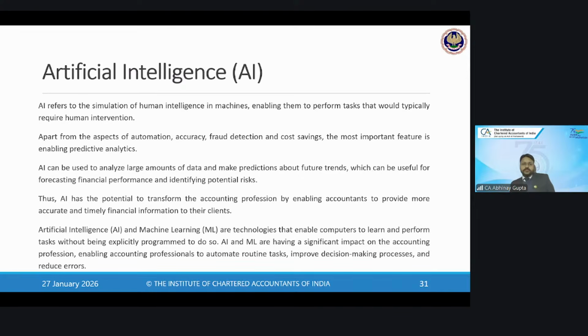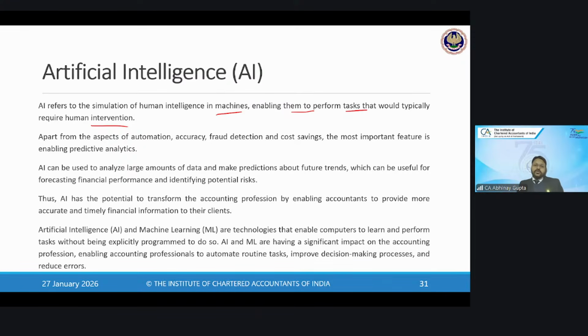Artificial intelligence. So artificial intelligence, as I previously mentioned, is nothing but an LLM, a large language model, right? So what is AI? AI refers to the simulation of human intelligence in machines, enabling them to perform the tasks that would typically require human intervention, right?